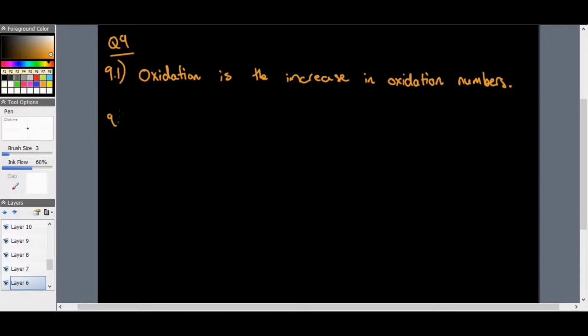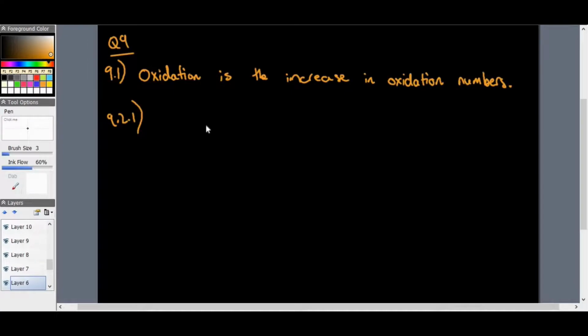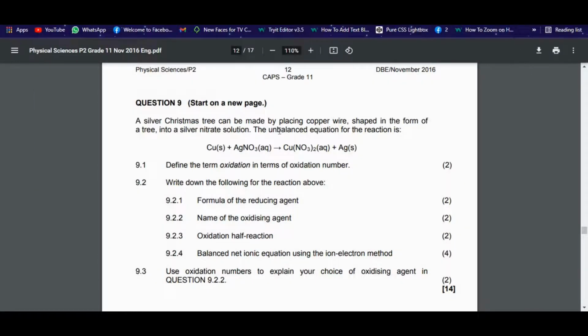Now 9.2.1. Write down the following for the reaction above: the formula of the reducing agent. What is the reducing agent? The reducing agent is the substance that got oxidized.